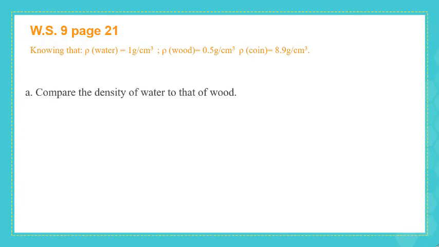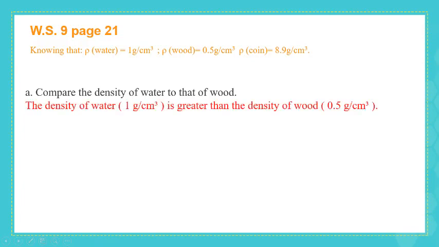Part A, compare the density of water to that of the wood. Let's look. This is the density of water and this is the density of the wood. Then the density of water, that is 1 gram per centimeter cube, is greater than the density of wood, that is 0.5 gram per centimeter cube.